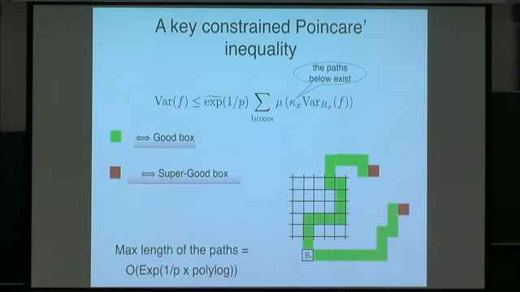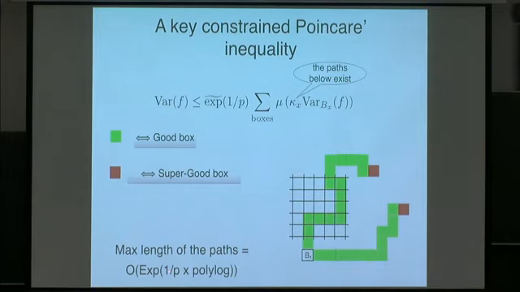Then you introduce this new constraint for the box at x: that there are two paths of good boxes, like this one and this one, of length which is essentially what you want, exponential in 1 over p times polylog of 1 over p.